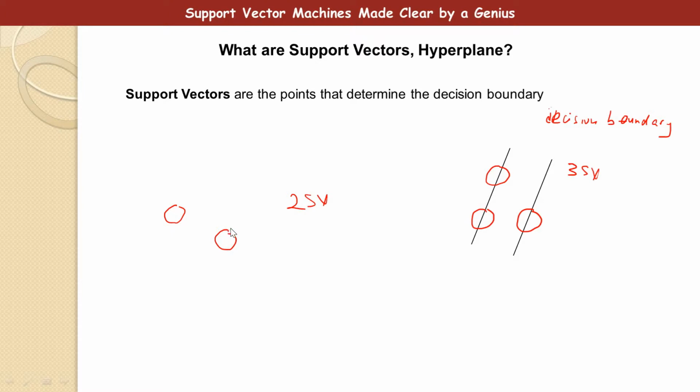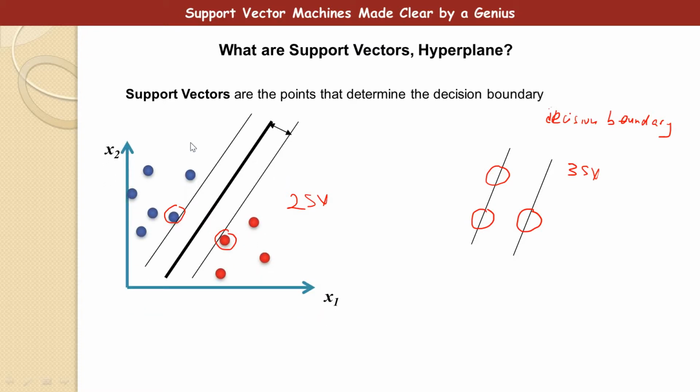The next question is, what are support vectors and what is a hyperplane? We are talking about support vector machine, so what actually are support vectors? Support vectors are points that determine the decision boundary. The lines you see here are not support vectors, but they are gutters.